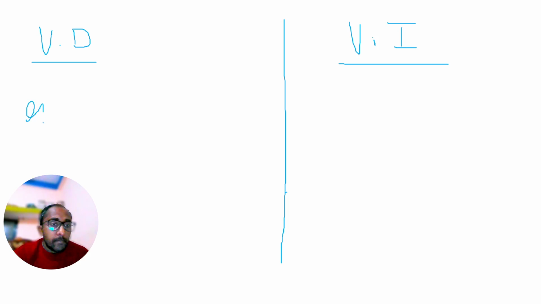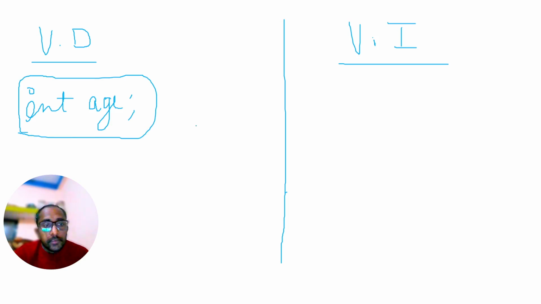Suppose int age. This is the variable declaration. And int age equal to, suppose, 22.